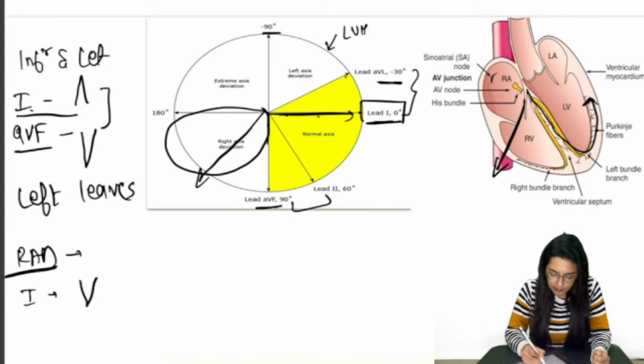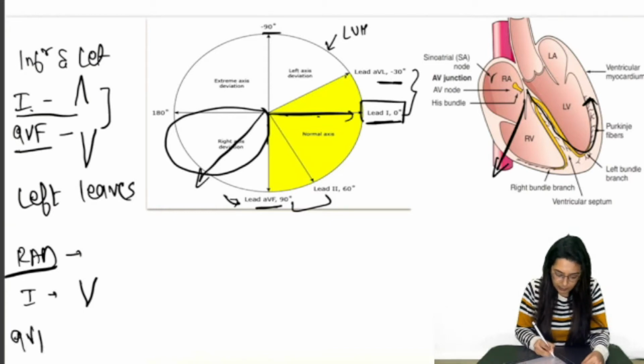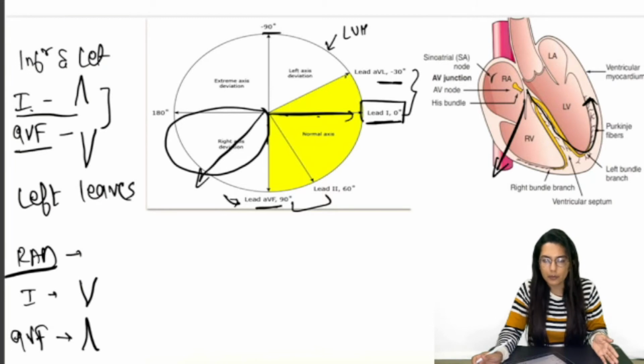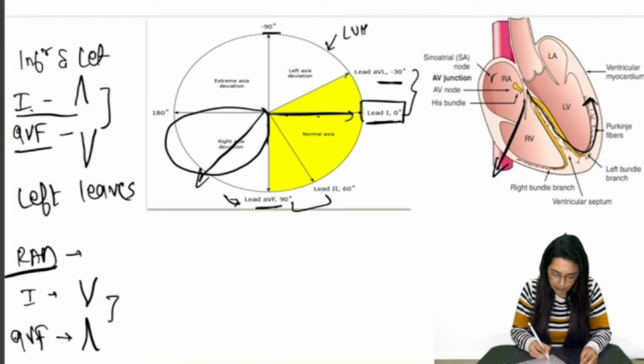And as you can see, this axis is near lead AVF, so for AVF it will be a positive QRS. Whenever there is right ventricular hypertrophy, there will be predominance of right ventricular depolarization seen on the ECG. So AVF will show positive and lead 1 will show negative, so this is what we call "right reaches."